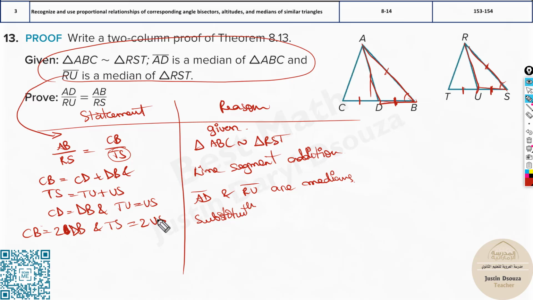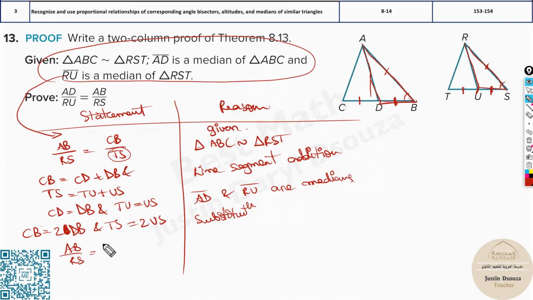And now these both, I will just substitute back in the given, the first statement which we had taken. See, AB by RS is already there. This is there. We have to just do the right side. Now here, CB and TS, right? Oh, sorry, we don't need to prove the right side. We are just proving these two sides are similar. We need to just get these both, okay?